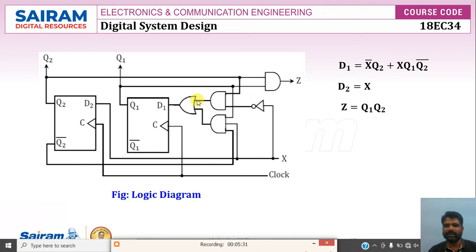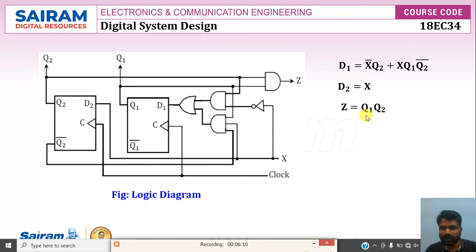Inputs to the OR gate are the outputs of the AND gates. The first two input AND gate inputs are derived from X bar and another input is Q2. This is the Q2 line. Clear now? And for D2 it is directly connected to the line X. And outputs of AND gates are connected to OR gate, and its output is connected to D1.